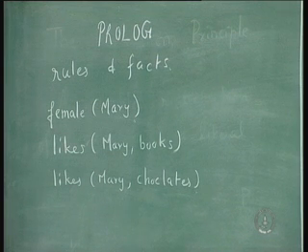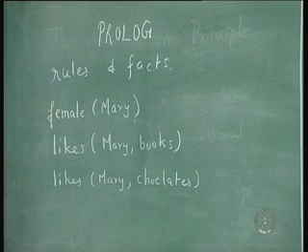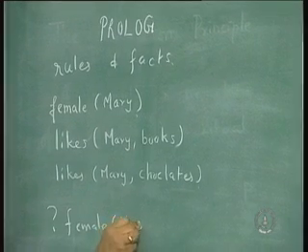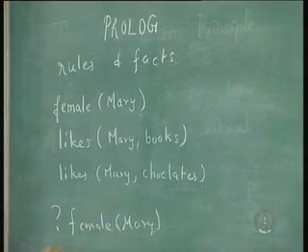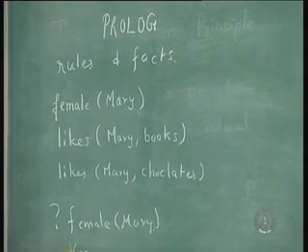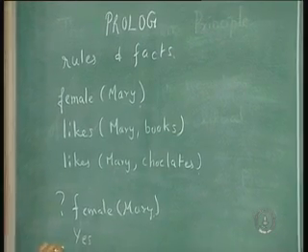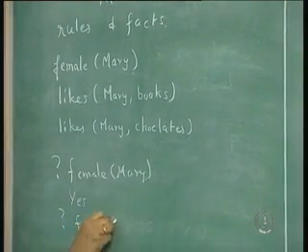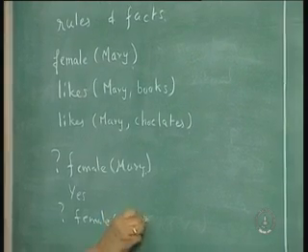Making use of that, if you ask some questions, it will reply. For example, if you ask the question is female Mary, that is, is Mary a female, then it will come out with the answer yes. Or if you ask something like is female John, it will say no.